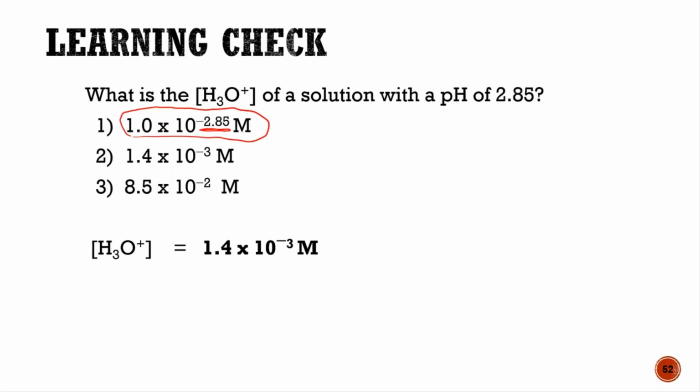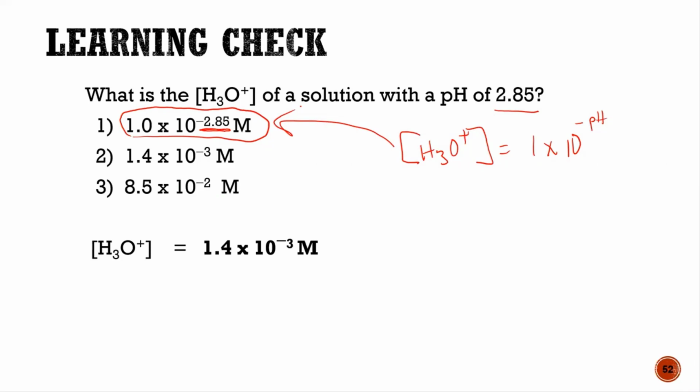Sure. So to do this calculation, from pH to figure out your hydronium concentration, it's basically 1 times 10 to the negative pH. So that's why I said it looks like this, but you don't want to leave your exponent in decimal form.